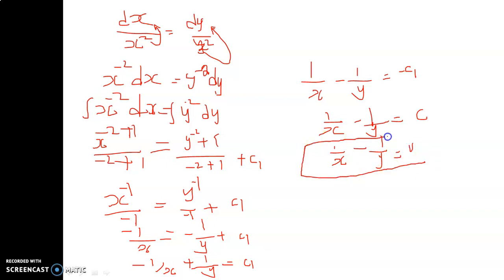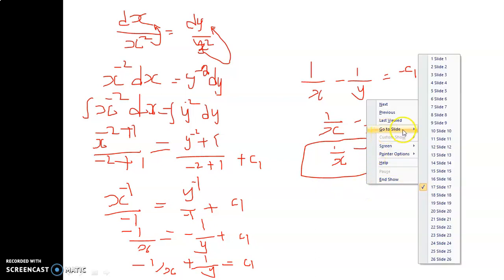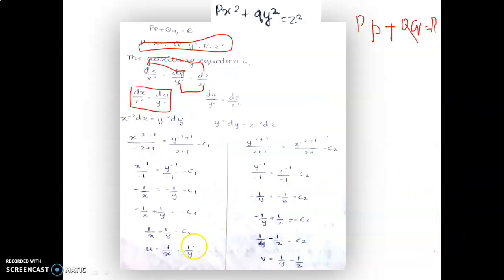This is the solution of the first ratio. Therefore, I have got u equal to 1 by x minus 1 by y.